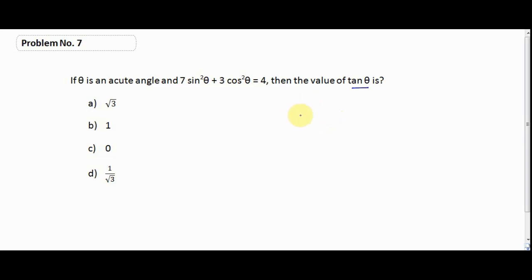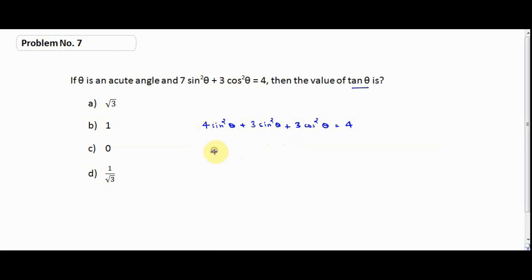Now coming to the solution, we are given that 7 sine square theta plus 3 cos square theta is equal to 4. So let's rewrite this expression like this: 4 sine square theta plus 3 sine square theta plus 3 cos square theta equal to 4. Now here we have 3 common in these two terms, so let's combine those two.